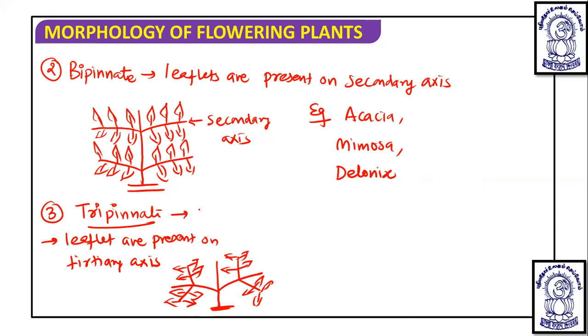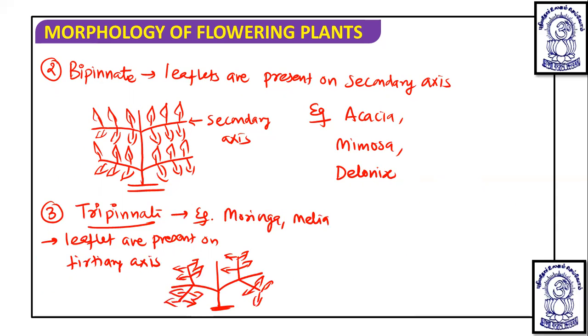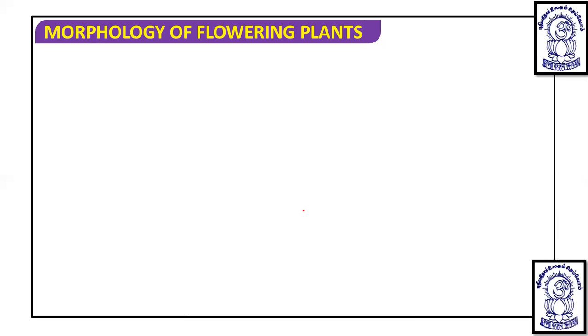The examples which show a tripinnately compound leaf are moringa and melia. Whereas the fourth type is decompound pinnately compound leaf.